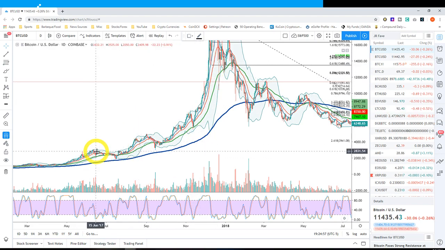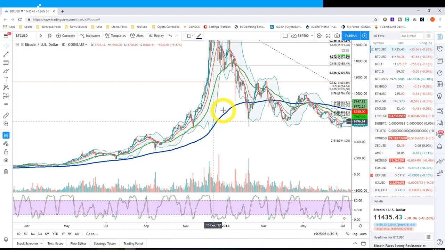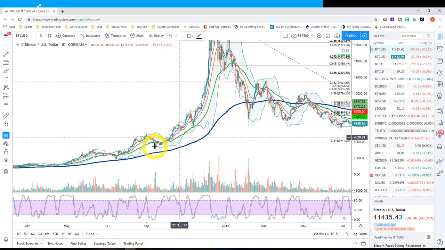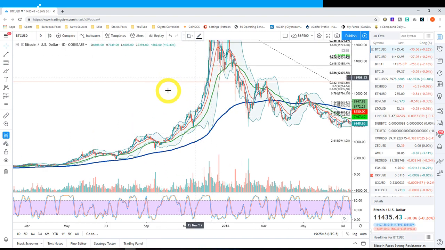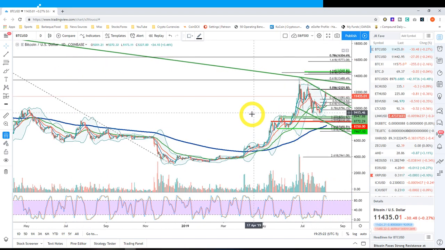And I'm sure it looked ballistic back in here too, percentage-wise. But as long as that 200 is going up, that's your key. And especially the 50. The 50 is just money, because even though it came down below it, it was still in an uptrend. So we shall see what happens.